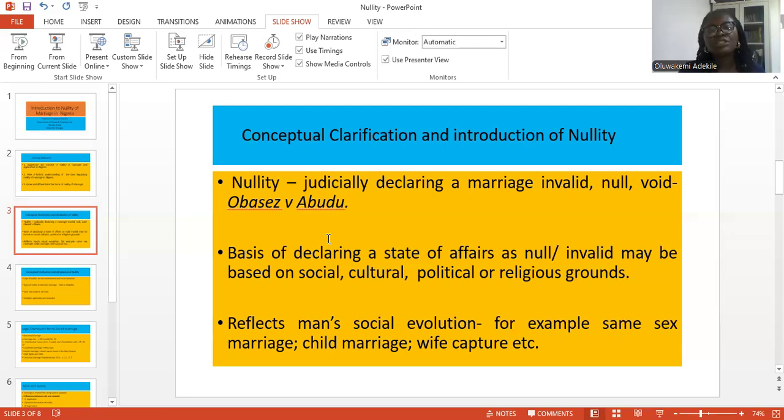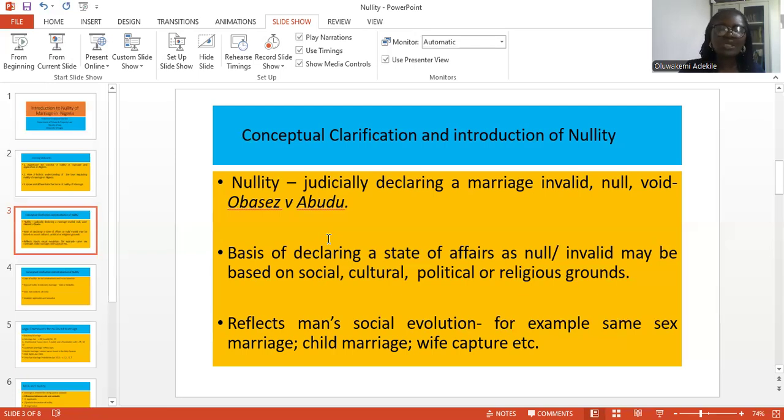You talk about child marriage being illegal and not acceptable in a lot of societies today, whereas traditionally in a lot of customs, children as young as 12 and 11 could get married. But now the legal framework frowns at child marriage.